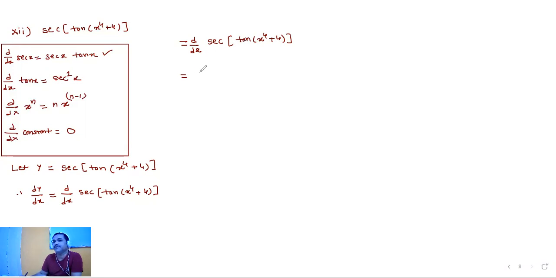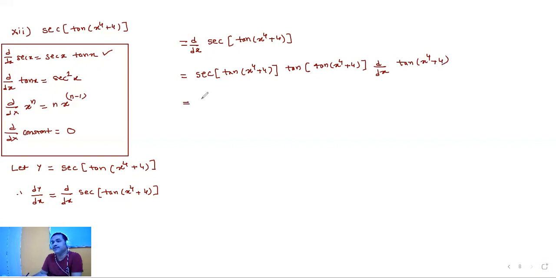So the derivative of sec x is now sec of tan of x raised to 4 plus 4, and sec x tan x, so tan of x raised to 4 plus 4. Then we'll take d by dx of tan of x raised to 4 plus 4.